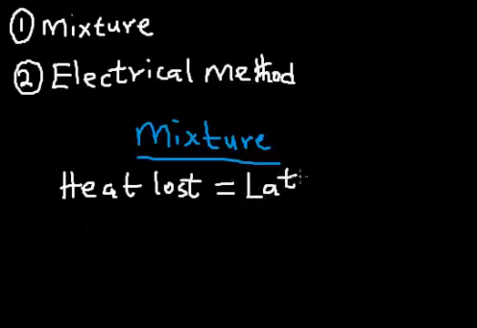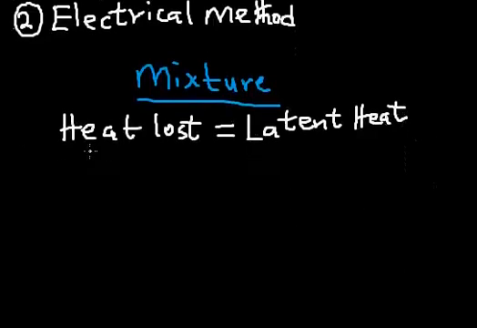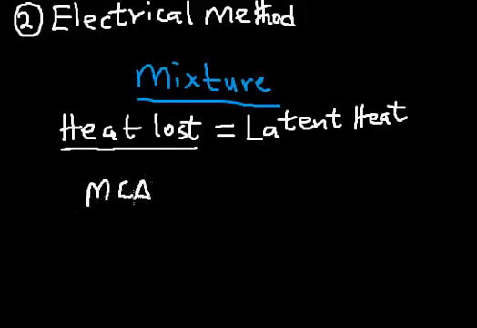So let me put it this way: equal to the latent heat that is actually required to change the state of that particular object. So in this case, let's say the object that's losing the heat, the heat lost is MC, change in temperature.